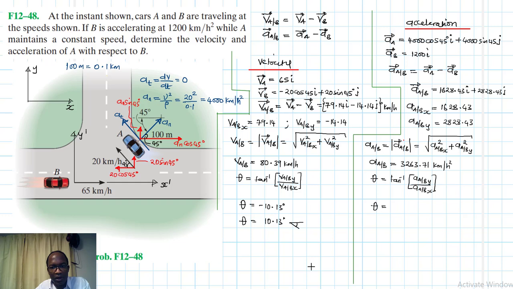Where do we have these values? We have y down there. What is our AY? Both of them are positive. Our AY is 2828.43 divided by 1628.43, and tan inverse of that, we get 60.07 degrees.